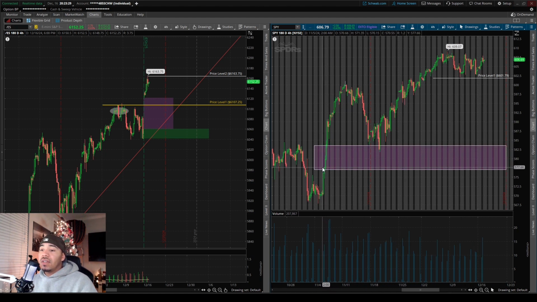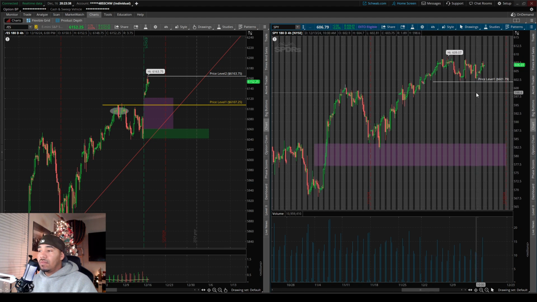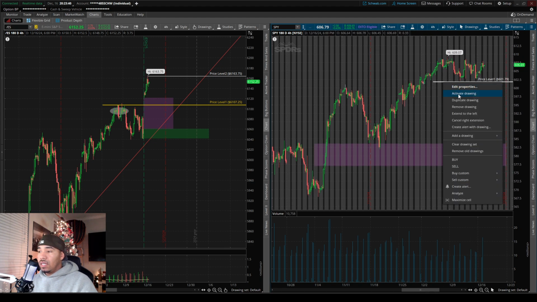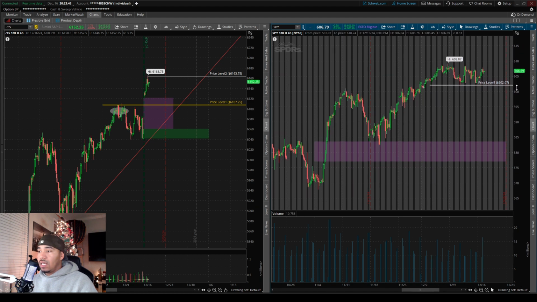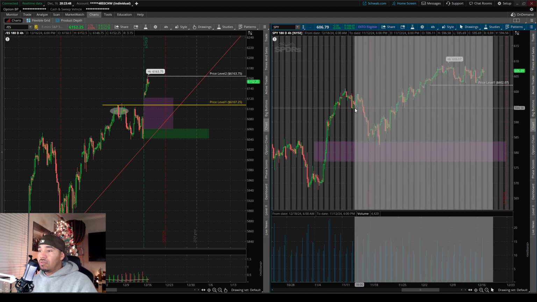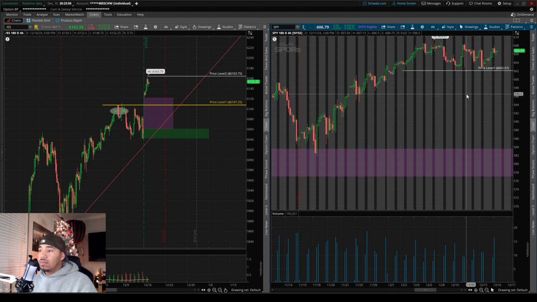Even if it looks like it's filled here, then it's not really filled. It's still a gap, all right? Because it has a gap on the daily right there. And let's just move this just a little bit higher. Let's put that right there. All right. And that'll be our support right there. Well, matter of fact, let's bring this down just a little bit.